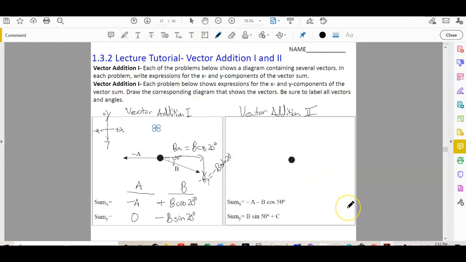So in Vector Addition 1, you're given the vectors, and then you have to create the equation. In Vector Addition 2, you're given the equation, and you have to create the vectors, and that's what I love. This is hypothetical deductive reasoning. You already know the rules, and you have to create the equation from the rules, right?